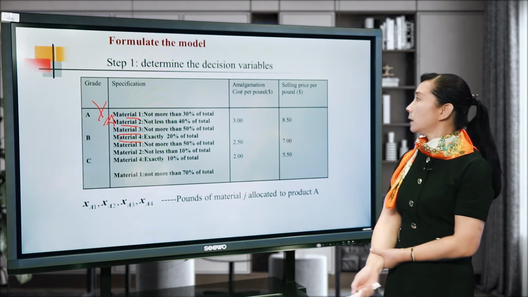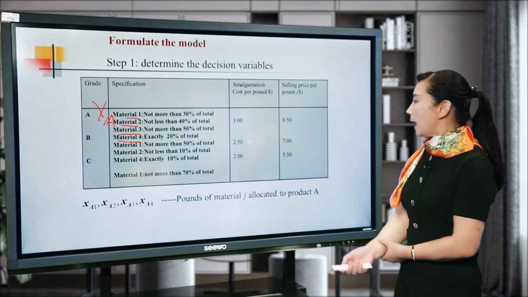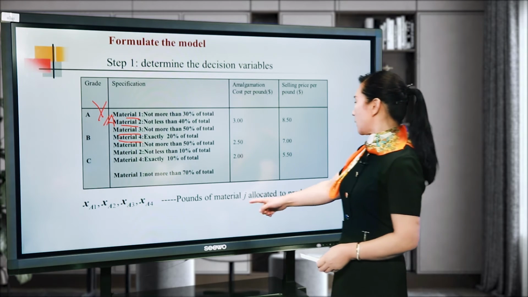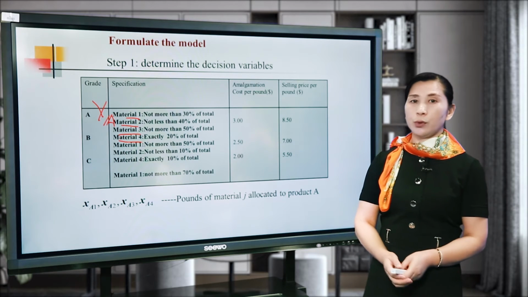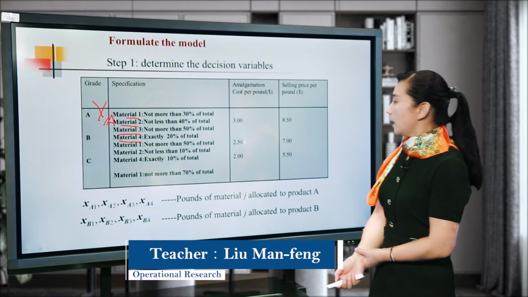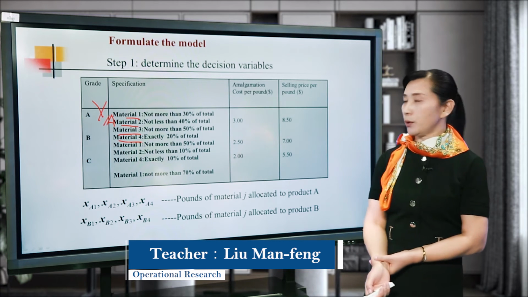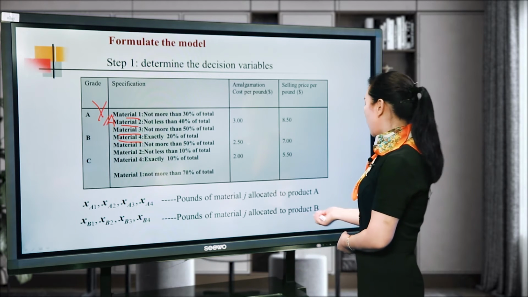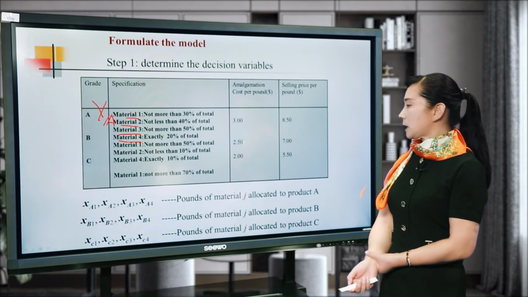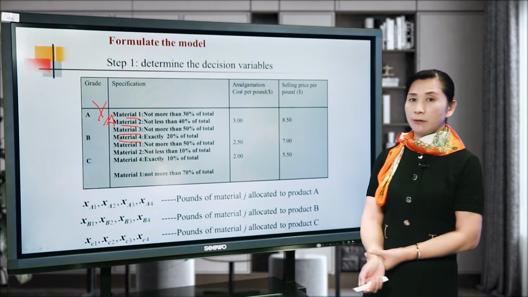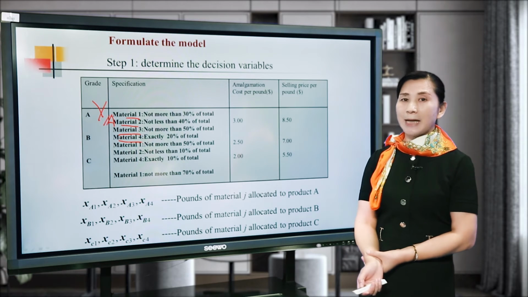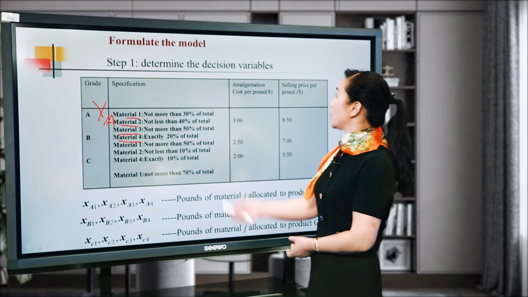So we set the decision variables XA1, XA2, XA3, XA4 as the pounds of material j allocated to product A. And XB1, XB2, XB3, XB4 are the pounds of material j allocated to product B. And XC1, XC2, XC3, XC4 are the pounds of material j allocated to product C. These are the decision variables.